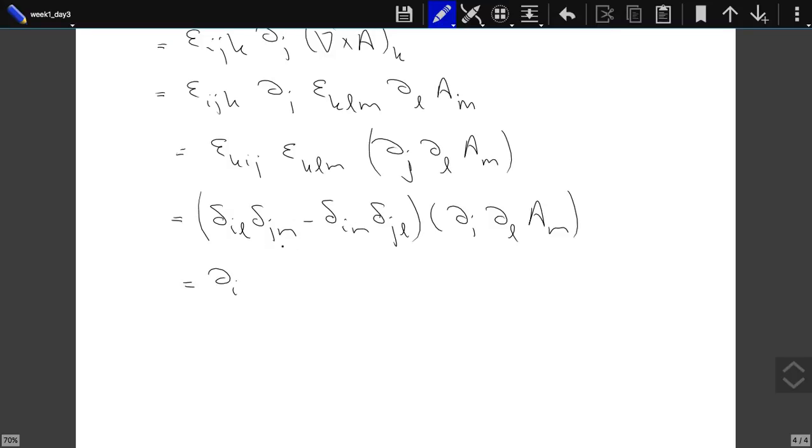It just tells me that since I'm summing over j and m, I have two summations, but in this summation only the terms where j is equal to m contribute. And if j is equal to m, what I'm actually doing is taking the derivative of the j component with respect to x_j and summing over j. That is just a divergence. Or let me write it explicitly, del j A_j.